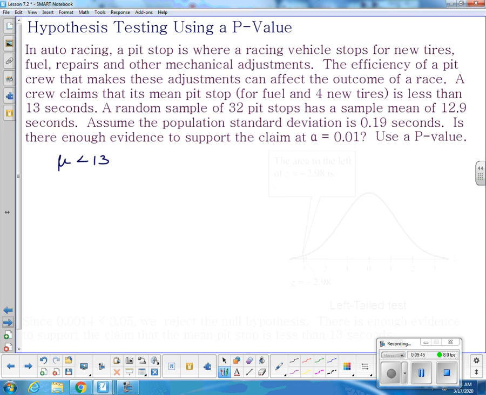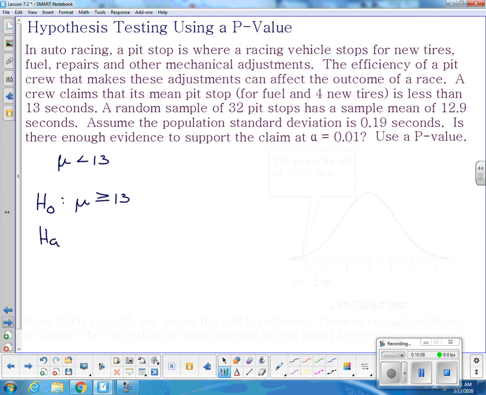So first we have to figure out what is our null hypothesis and what is our alternate hypothesis. So our null is going to be the mean is greater than or equal to 13. It has to have the or equal to part in it. You can't add it to the claim. The claim says less than 13. So that's the claim.